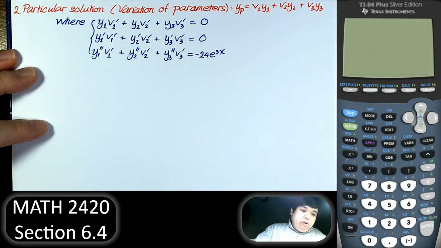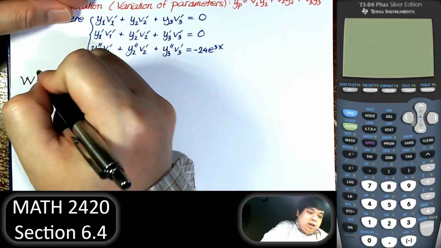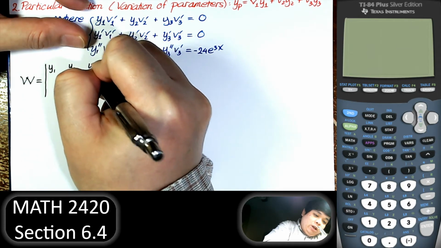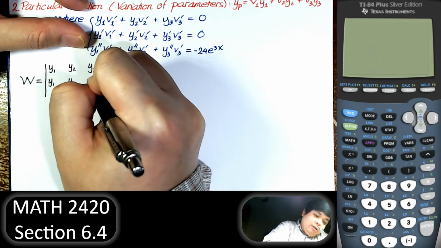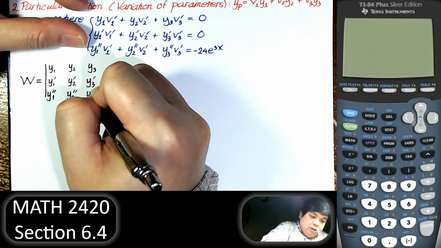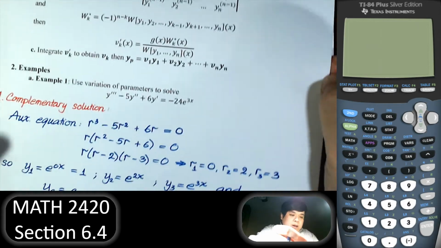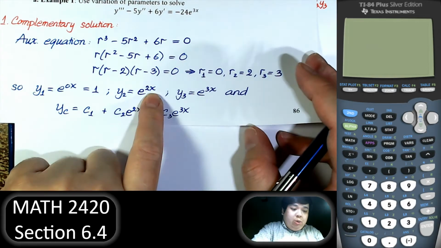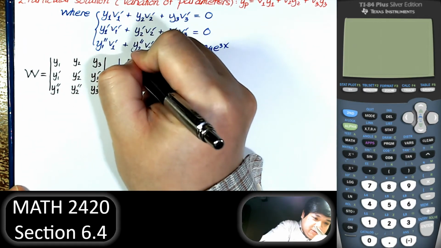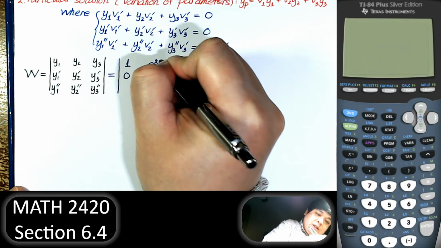Now using Cramer's rule, first we will have the Wronskian. The W will have y1, y2, y3, the derivative, the second derivative. y1 is 1, y2 is e to the 2x, and then e to the 3x.